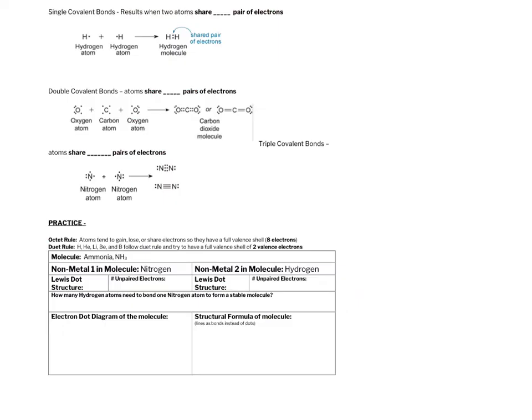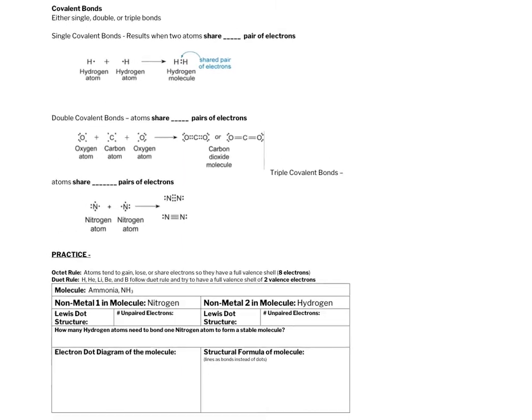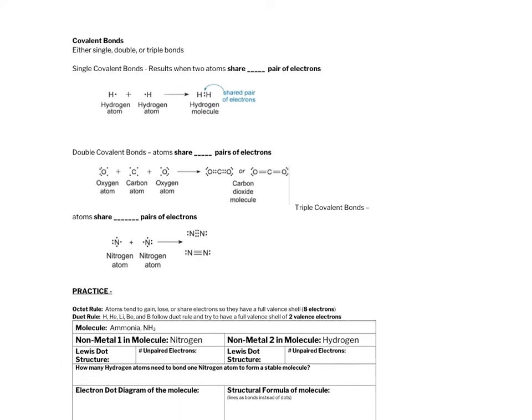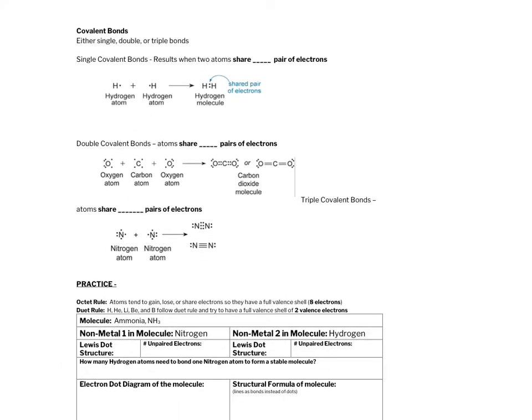All right, let's look again at how this all works. Either single, double, or triple bonds. A single bond is a single shared pair of electrons. Make them as 2 dots in there. Now, sometimes we have molecules that share 2 pairs of electrons, like our carbon dioxide that we looked at yesterday.